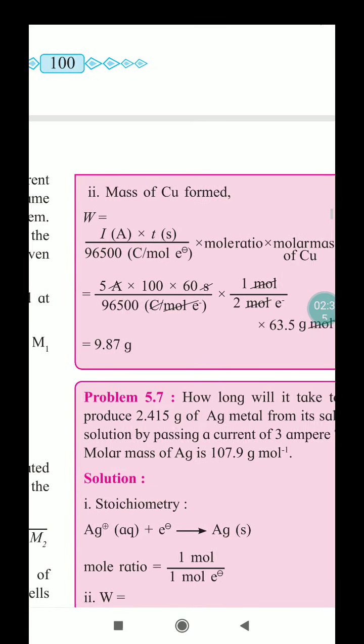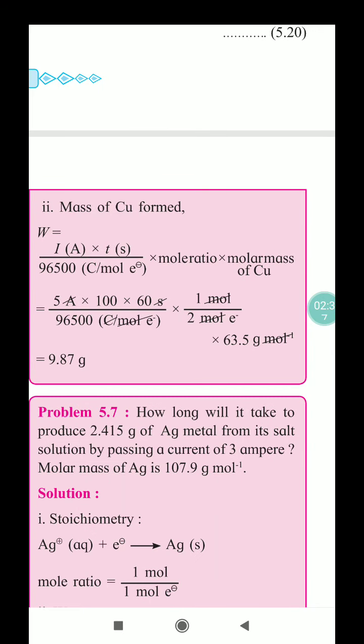Then mass of copper formed, according to the formula, W is equal to Q upon 96500, that is I into T upon 96500 multiplied by mole ratio multiplied by molar mass.